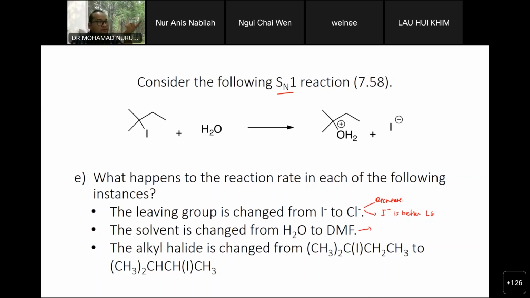The second, the nucleophile. The third is the type of halogen or leaving group. The fourth, you also have to consider the type of solvent, whether it is protic or aprotic. In this case, the reaction will be decreased.